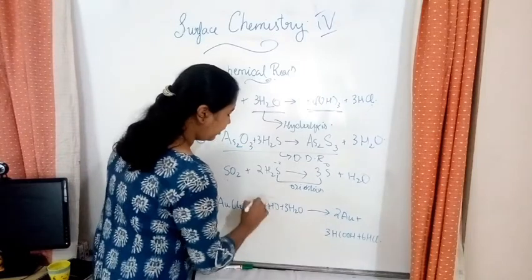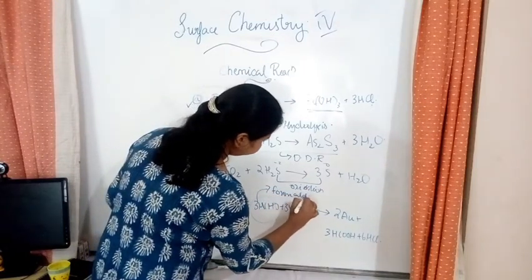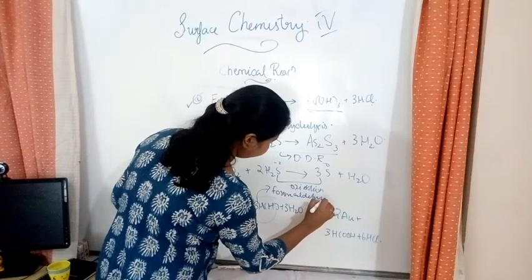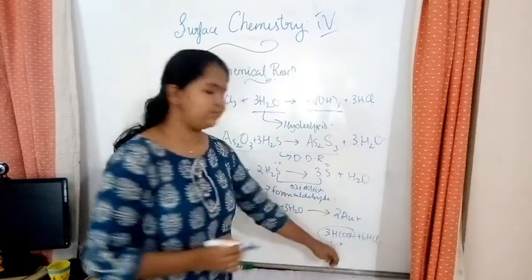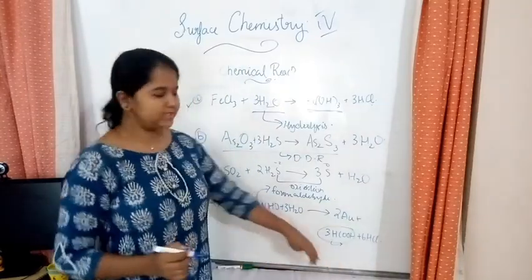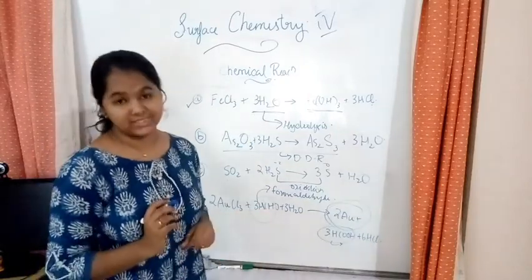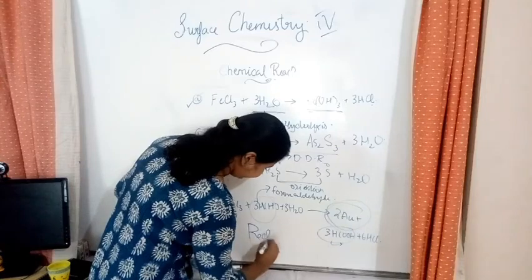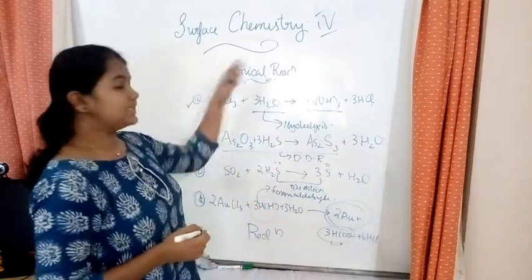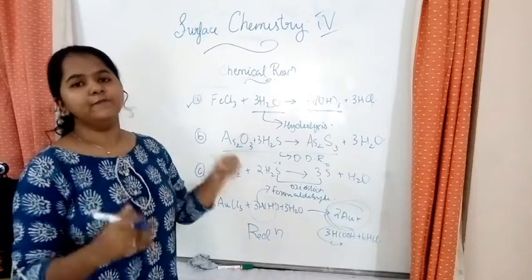So this is for aldehyde, and this is formic acid. Okay, this is formic acid. So these are the two things. You have acquired Au. This is by reduction reaction. So this is the reduction reaction. Okay. This is all about the preparation of colloids.